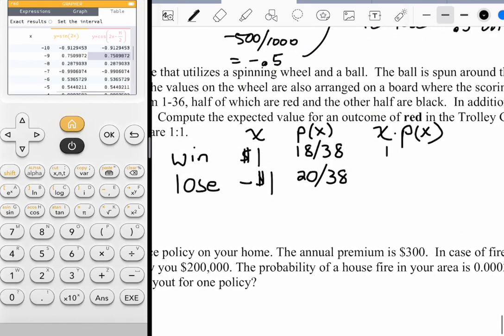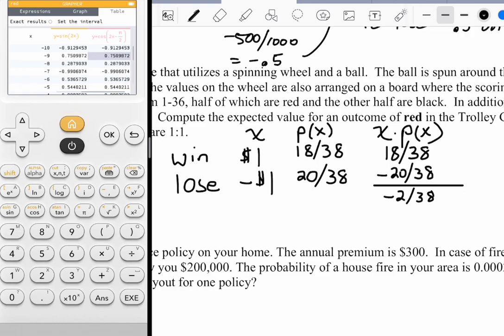So that's going to give me 18 out of 38. 1 times anything is anything. Then -1 times 20 out of 38 will be -20 over 38. Add these values together, and you're adding a negative, so you're really subtracting, and you'll get -2 out of 38.